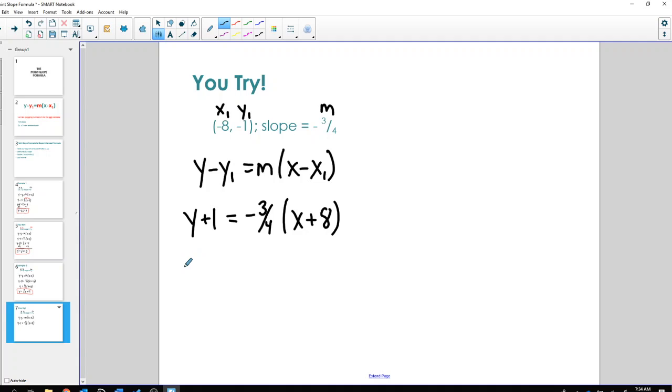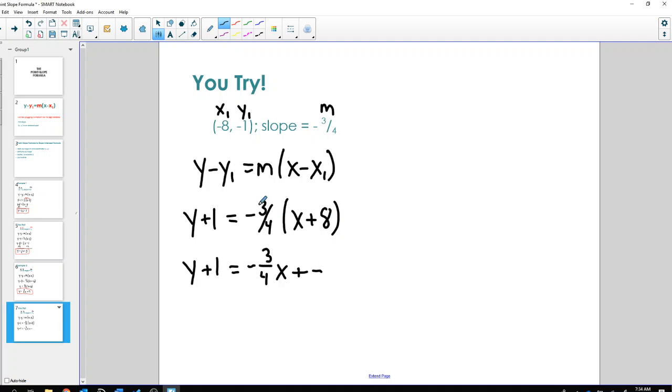I'm still going to do the same steps, so this side will stay the same. So y plus 1 equals, over here I'm going to distribute. Don't forget about your negative sign when you're distributing. So negative 3/4 x plus, this will end up being a negative because it's a positive times a negative.